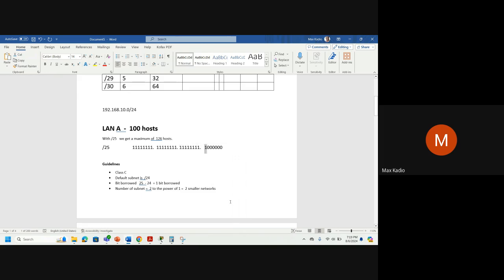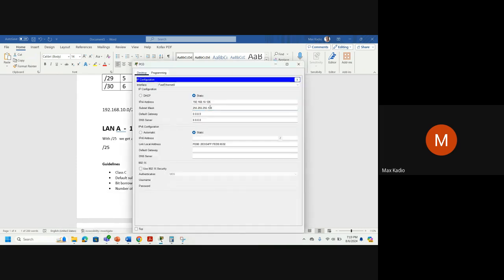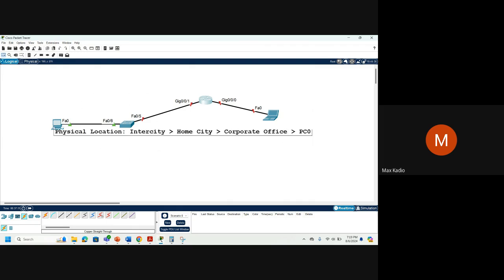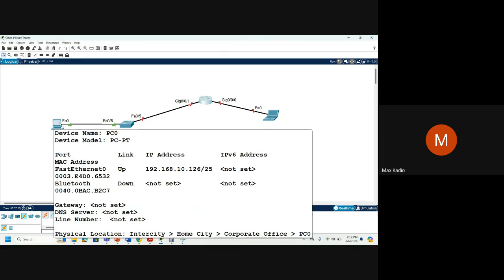You see, that's why here for PCA, and because now PCA is facing G0/1, G0/1 will be the default gateway for this PC.